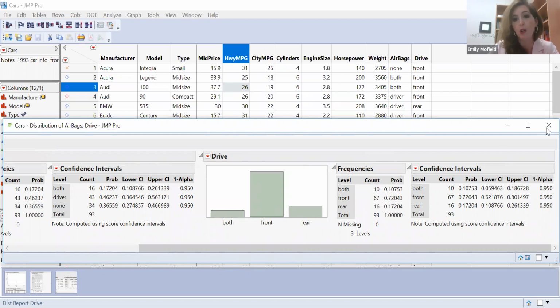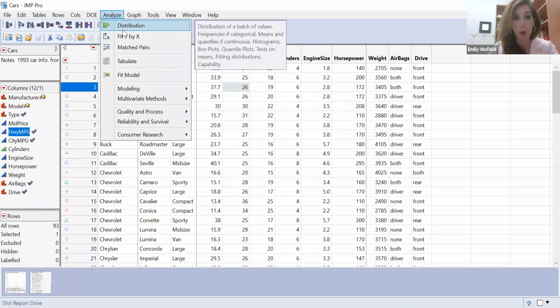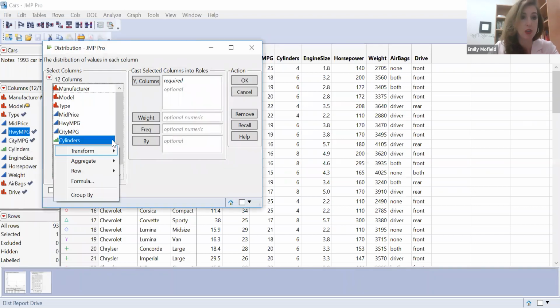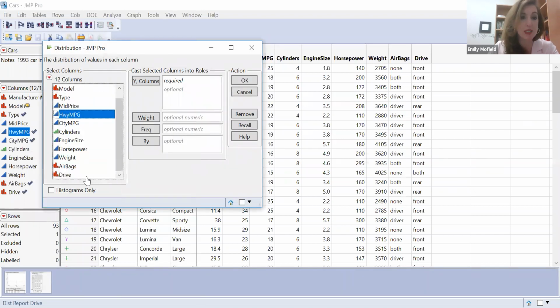Another thing is to also look at it by group. So I'll do distribution, and I'm going to divide this up so I can see how many cars with types of airbags are by drive.